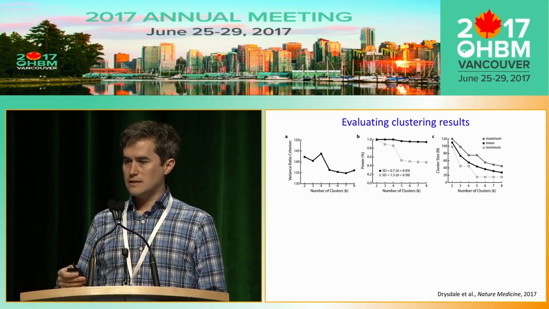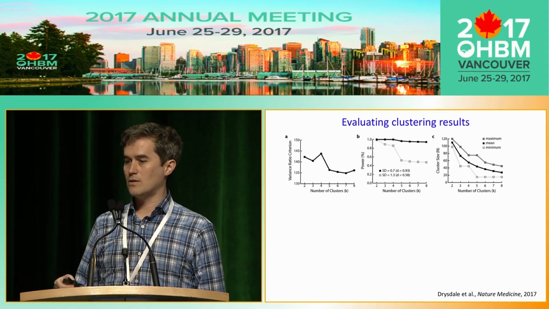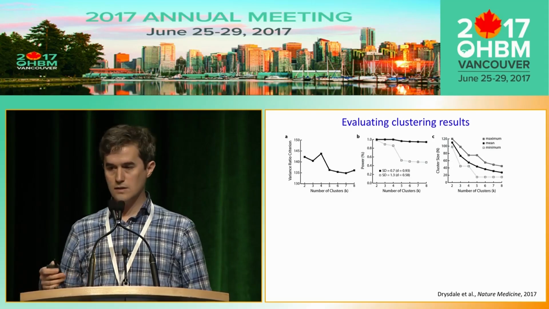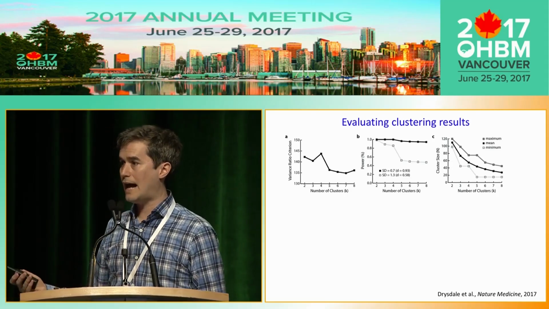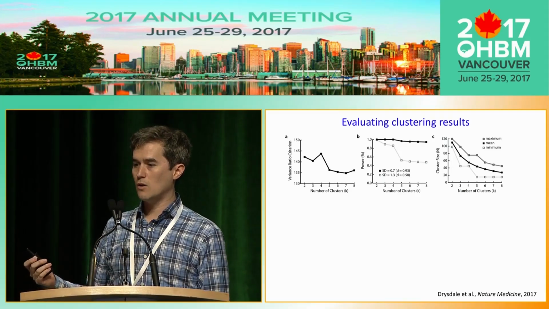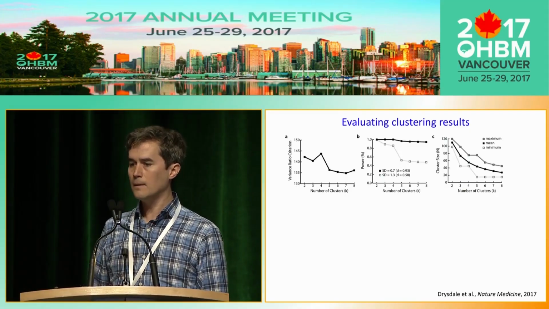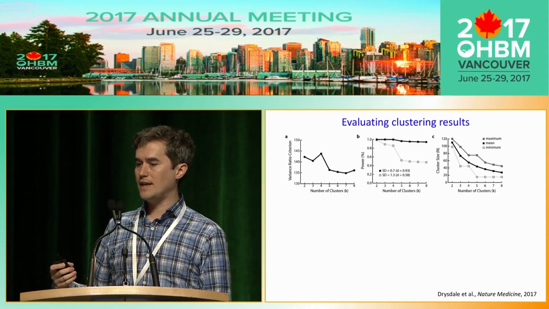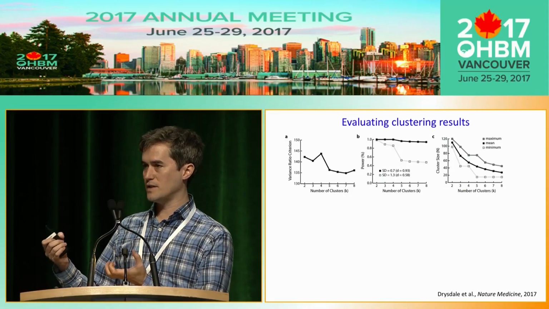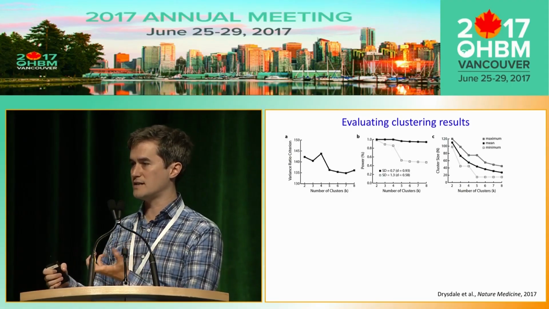You could also imagine different clustering solutions. So I thought it might be useful to walk you through our thinking on how to go about evaluating and comparing different clustering solutions. One way is to ask about the quality of the clustering solution. How well does a given clustering solution parse variance in your subjects?